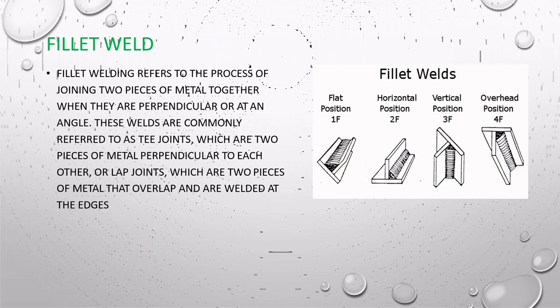Fillet weld. Fillet welding refers to the process of joining two pieces of metal together when they are perpendicular or at an angle. These welds are commonly referred to as T-joints, which are two pieces of metal perpendicular to each other, or lap joints, which are two pieces of metal that overlap and are welded at the edges.